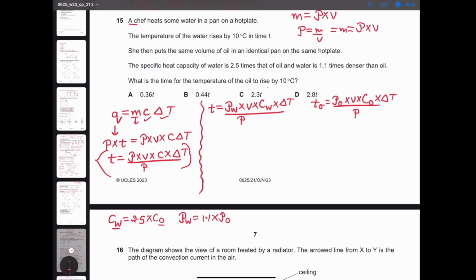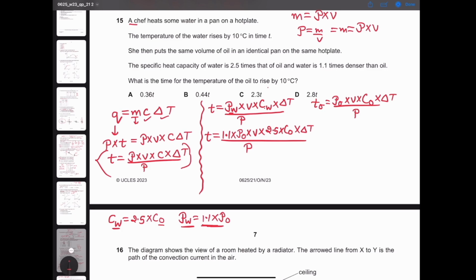Alright. Now just think about it. We will use the relations here. Time is equal to density of water, which is 1.1 times density of oil. So 1.1 times density of oil. Volume is same and specific heat capacity of water is 2.5 times that of specific heat capacity of oil, into delta T by power.